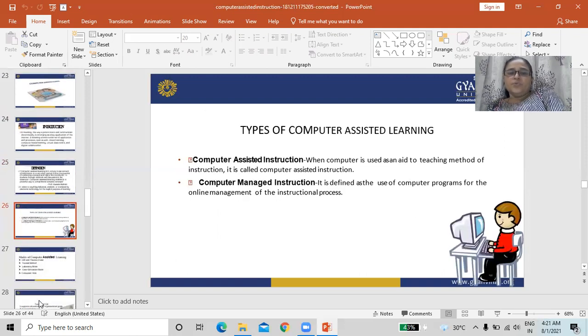Types of computer assisted learning: computer assisted instruction. When a computer is used as an aid to the teaching method of instruction, it is called computer assisted instruction. Computer managed instruction is defined as the use of computer programs for the online management of the instructional process.